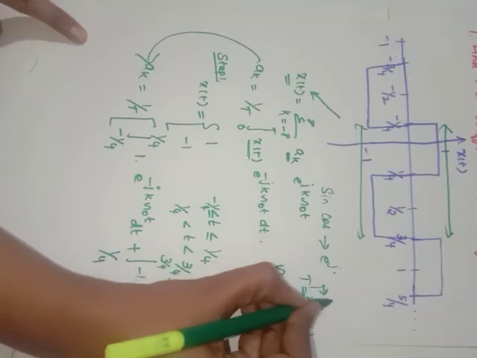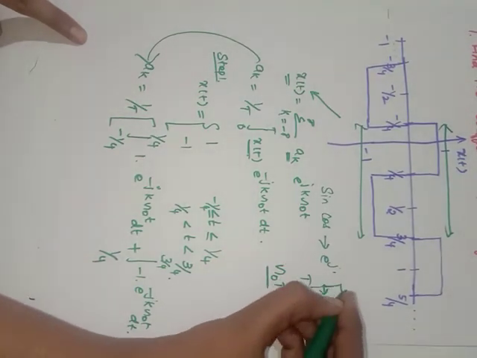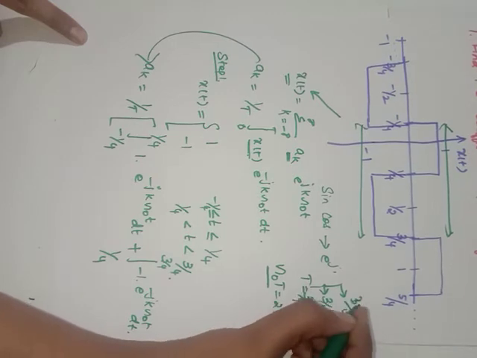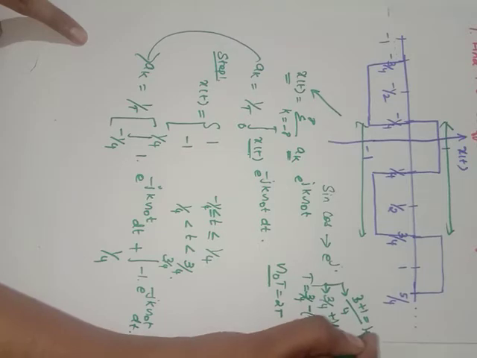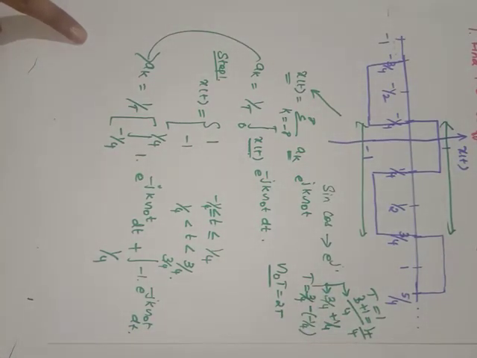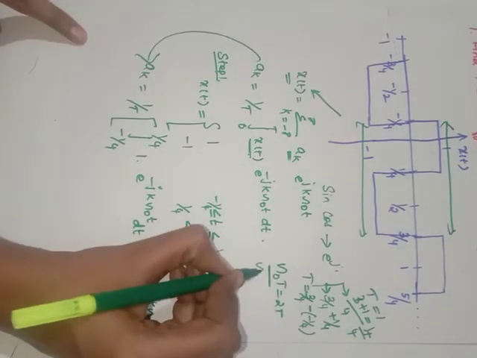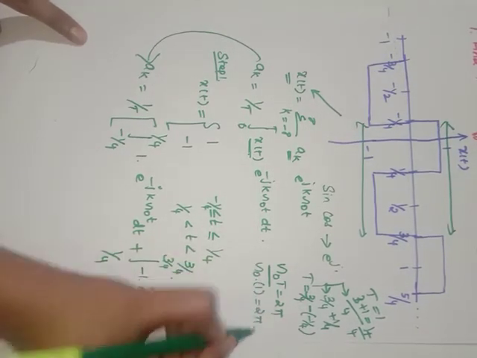So what will you get here? 3/4 plus 1/4, which is 4/4. So your resultant is 1. So T equals 1 in this case.